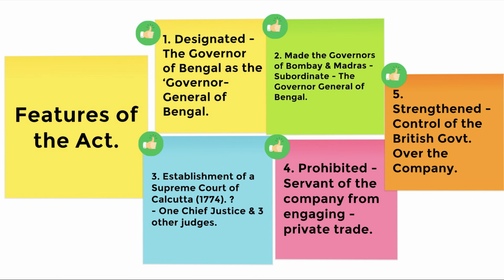So basically under this act, the British government strengthened their control over the company by making them subordinate, by making them a very important partner in the entire process, and for that they have to report on its revenue collection to the British government. They have to report on their civil issues as well as matters concerning the British East India Company, as well as if at all they are involved in any military affairs in India, they must report it back to the British government.